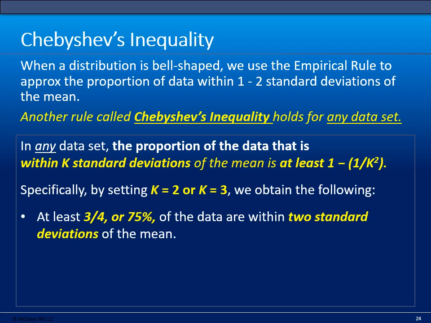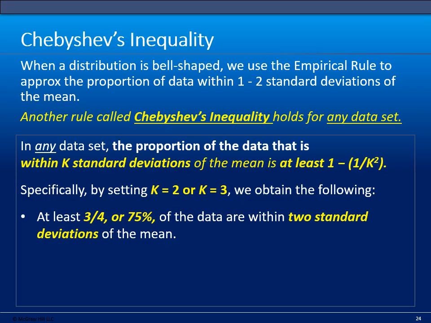So if we make k equal 2, then we get 1 minus 1 over 2 squared. 1 minus 1/4 gives us 3/4. And so when k equals 2, 3/4 or 75% of the data is within 2 standard deviations.